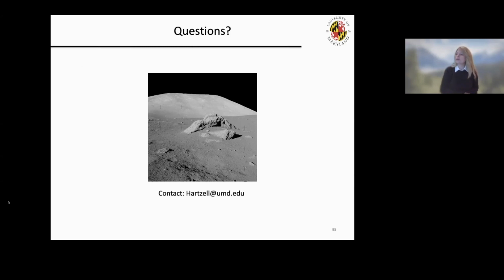So the first one is: is the plasma crystal experiment on the International Space Station a good test bed for verifying electrostatic lofting on the moon? So on the ISS, there are some great facilities that we can use to understand the fundamental physics of dusty plasmas or dust in plasmas.